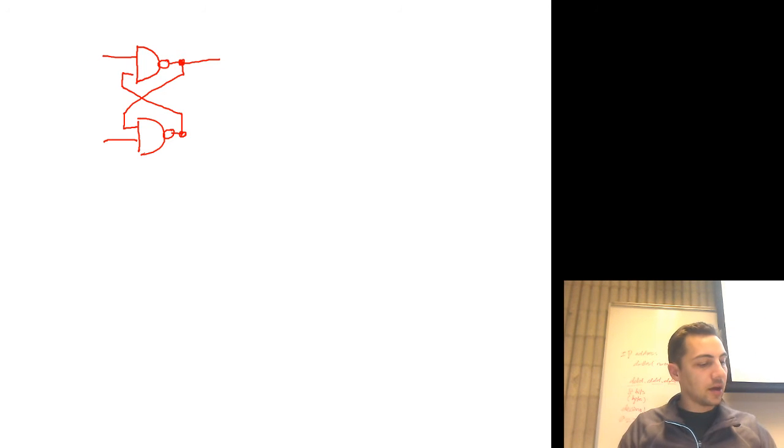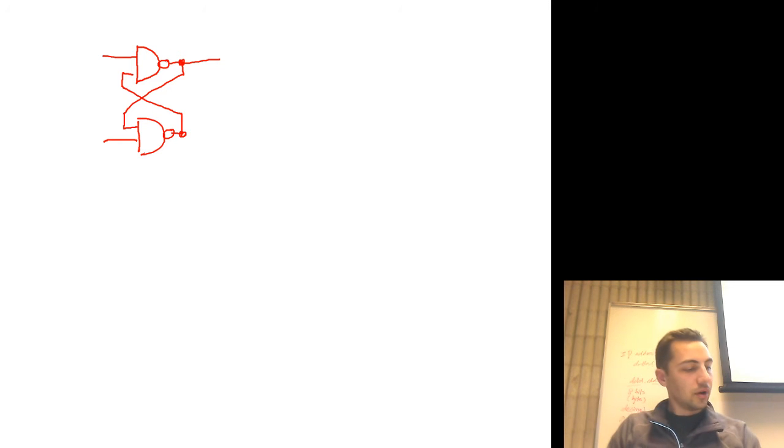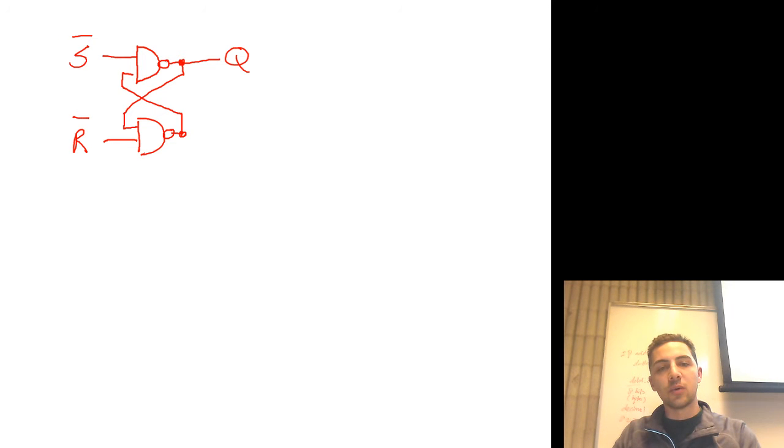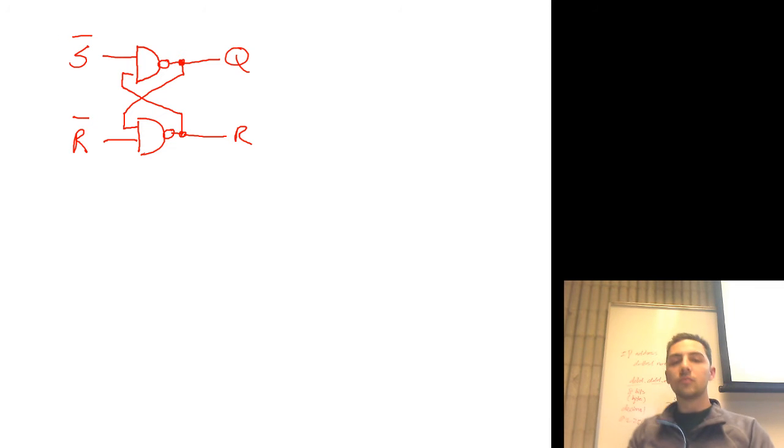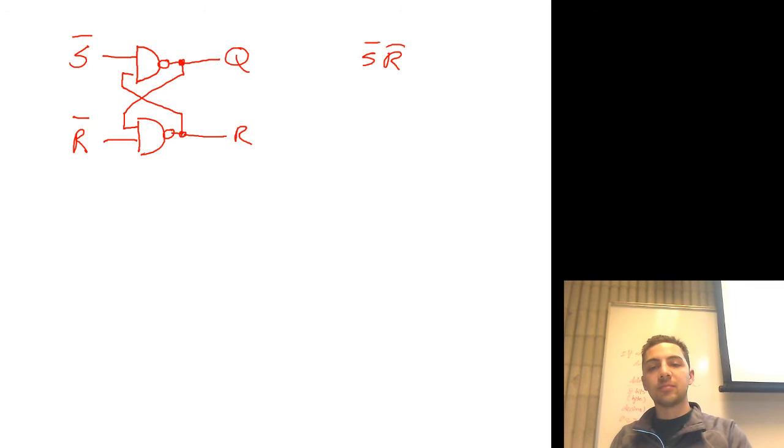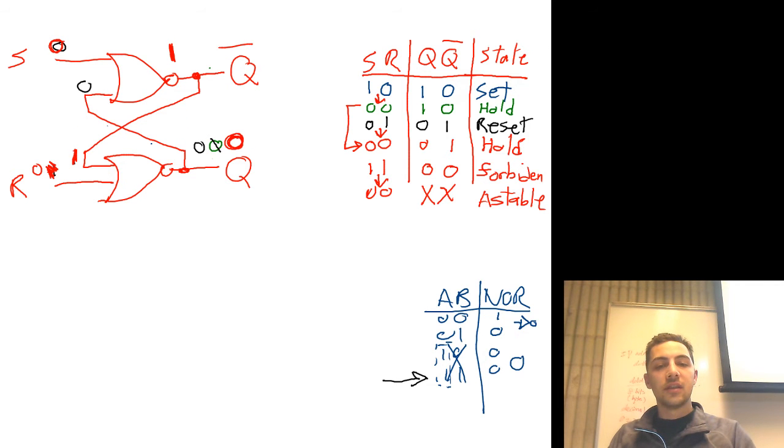The difference is, okay, let's see here. We typically will call this S bar and this R bar. And here we'll have Q and Q bar. So this latch is typically referred to as an S bar R bar latch, whereas this latch is just called an SR latch.